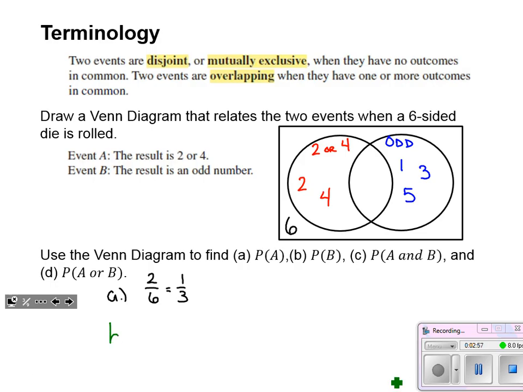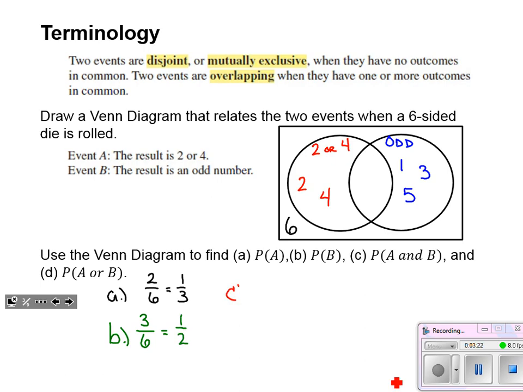Letter B. Probability of event B, the result is an odd number. Well, I could get a 1, a 3, or a 5. I'm looking at the blue circle right now. So that is 3 ways I could get event B to occur out of my sample space, the 6 possible numbers that could show up when I roll that die. And that's a 1/2 probability.